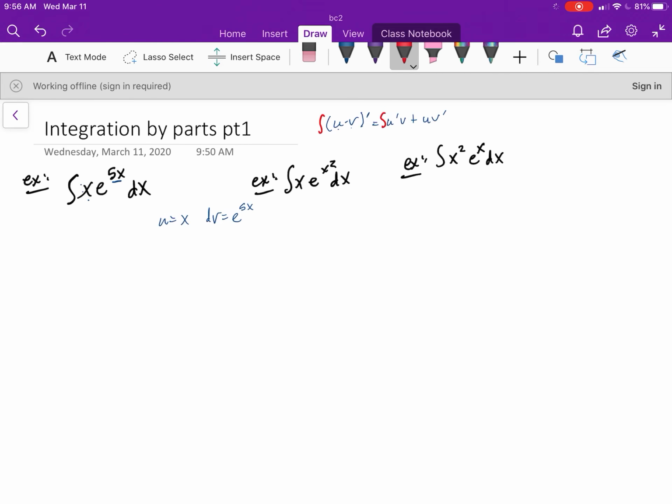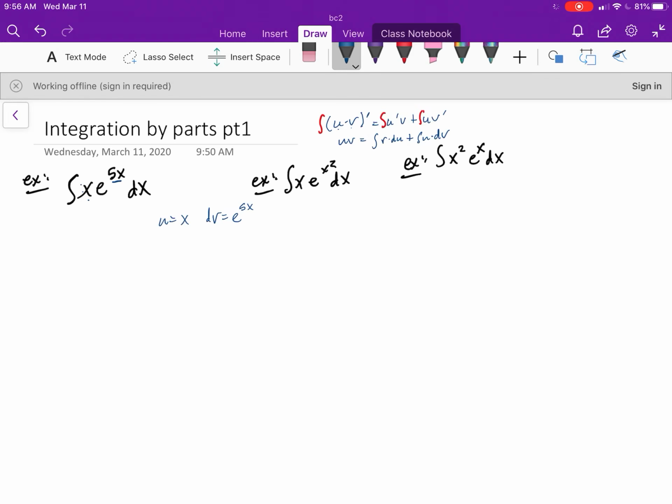So if I integrate both sides, this is just a way to memorize this, if you get stuck. So then it says uv equals, anywhere I have a prime, I'm going to write du. So I'd have the integral of v du plus u dv.